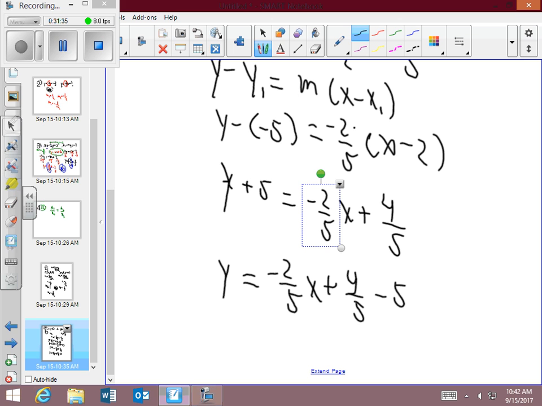This is sometimes where people have difficulty. You have to find what? Common denominator, very good. And what is the common denominator between 4/5 and actually 5/1? What is it? 5. And in order to get this with a denominator 5, what do we have to do?